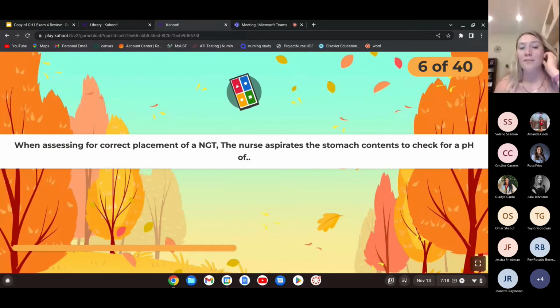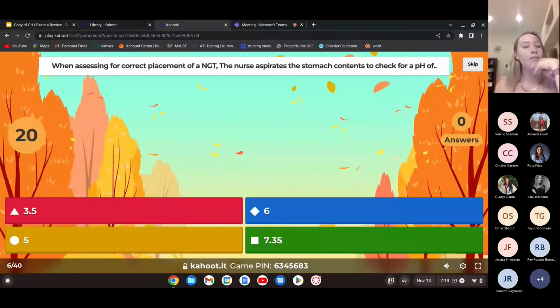Assessing for correct placement of a nasogastric tube, the nurse aspirates the stomach contents to check for a pH of. Awesome job, guys.